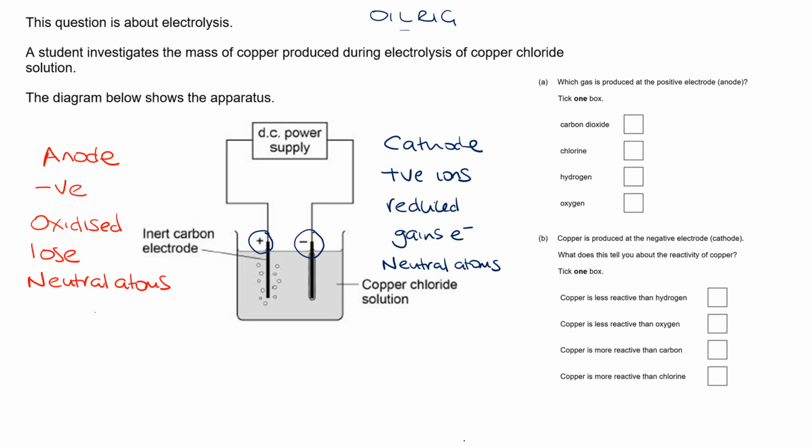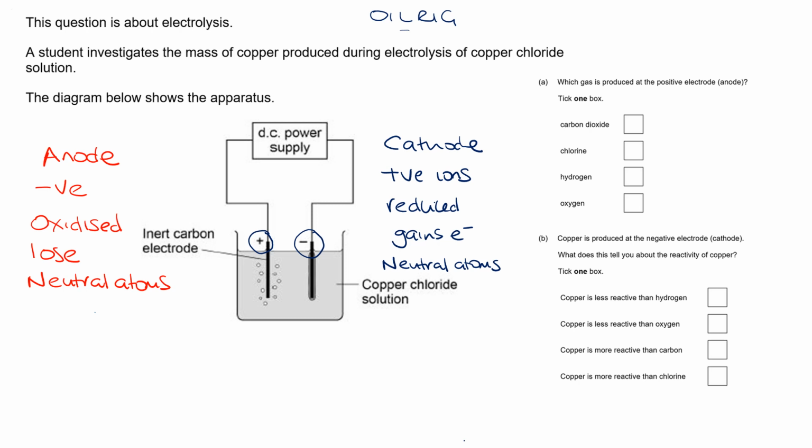Secondly, the other rules associated with electrolysis are which atoms will be discharged at the electrodes when you have a solution. And in any solution, there are always 4 ions in the solution.